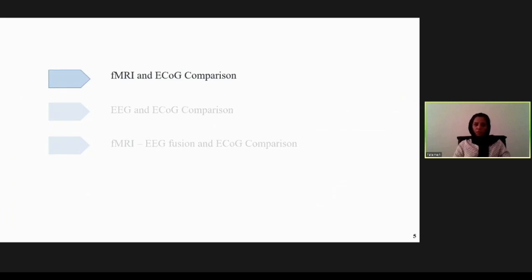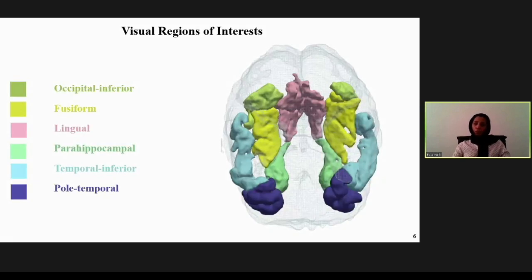In the following slides, I will present the results for the fMRI and ECoG comparison. To compare ECoG and fMRI data, we extracted brain visual regions: occipital inferior, fusiform, lingual, parahippocampal, temporal inferior, and temporal pole.